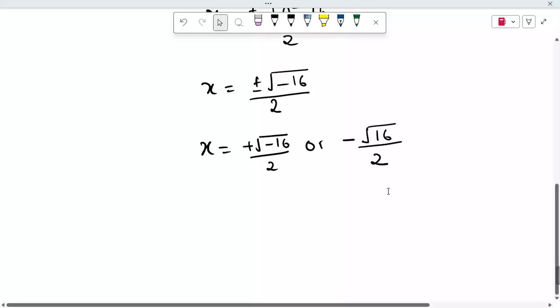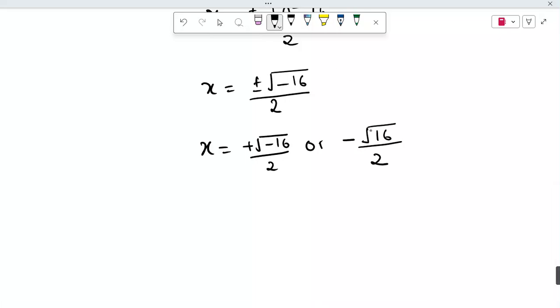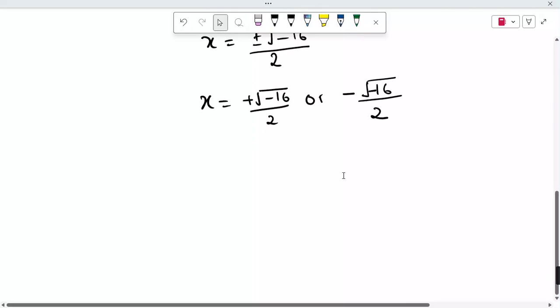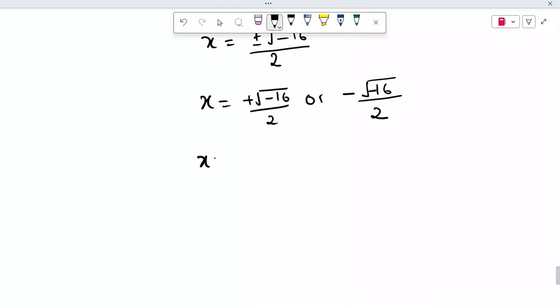These are the two possible answers for x. So what's the square root of negative 16? I've said there is nothing like it can't. When you're taking the square root of a negative, you use j. So what's the square root of 16? 4 over 2.